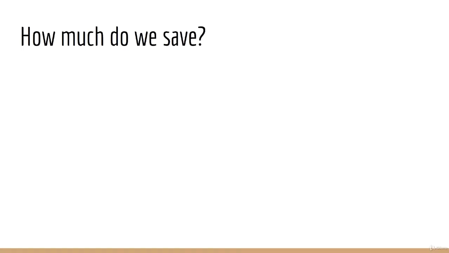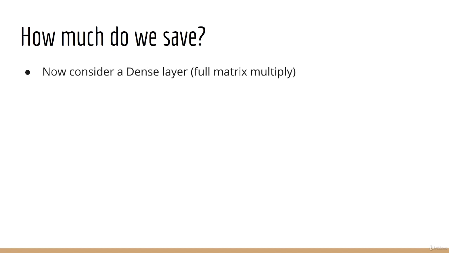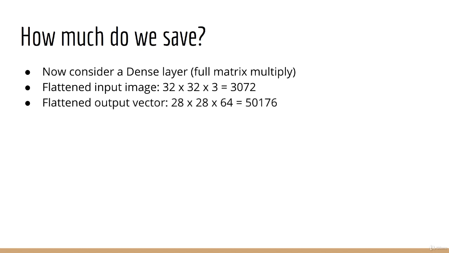Now, let's compare that to the case where we would use a feed-forward neural network with a flattened image, like we did in the previous section. Then our input would be 32 times 32 times 3, which is 3,072. Our output again would be of size 28 by 28 by 64, which is 50,176.